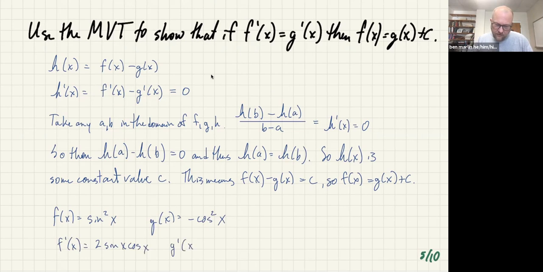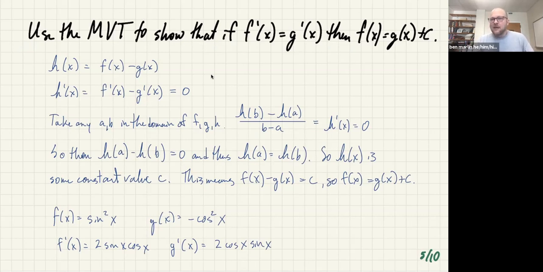And the derivative of this minus cosine squared x would be minus 2 cosine x times the negative sine x, and that'll cancel the minus out. And that shows that your sine squared and minus cosine squared differ only by a constant, which, the constant is 1, right?